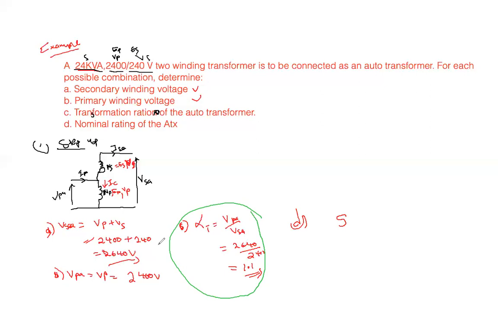Each combination has a different transformation ratio. So this one has its own transformation ratio, different from the other arrangements. You should also look into that. I'll do that later, or you ask me, or you can just check in your book anyway, because I see that there are a lot of things to do here.